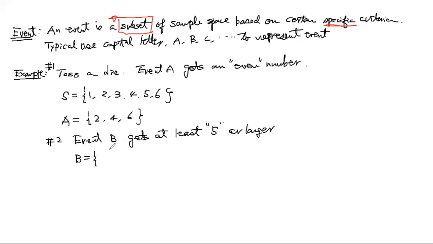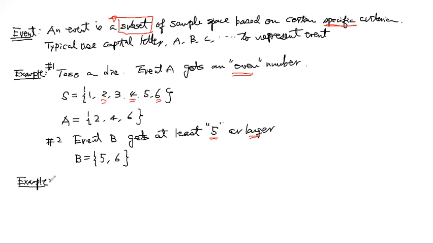So I look here, at least 5 out of 6, so it's 5 and 6. So this will be my event B, right? So it's pretty straightforward. It depends on what you define. So in the first one, I defined it to be even, then I looked back to my sample space to see, oh, okay, those are the even ones. And the second one is 5 or larger, so you look back to your sample space to see which ones are 5 and larger.